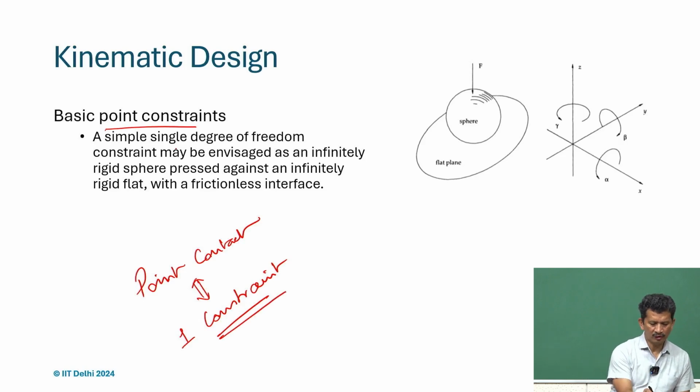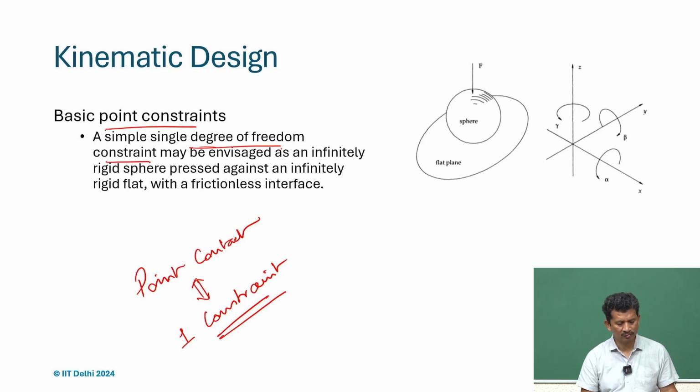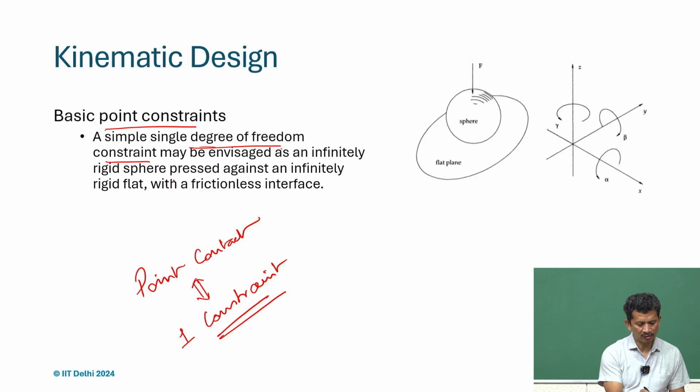So, if you want to use a single degree of freedom constraint, we can think of an infinitely rigid sphere pressed against an infinitely rigid flat with a frictionless surface.